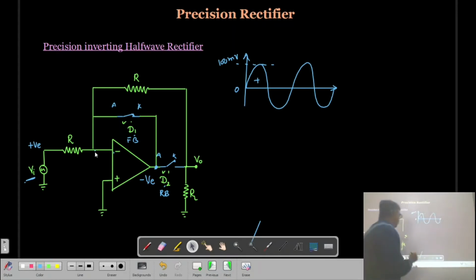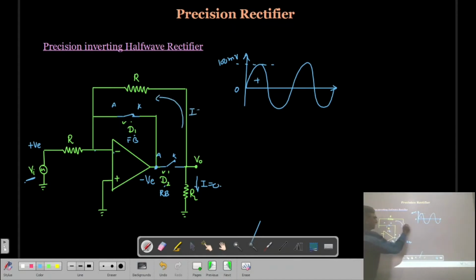But the D2 is open. So practically if we see, the current in the RL will be 0. And there is no feedback. This current is also 0. So due to this, the voltage across the RL will be 0.